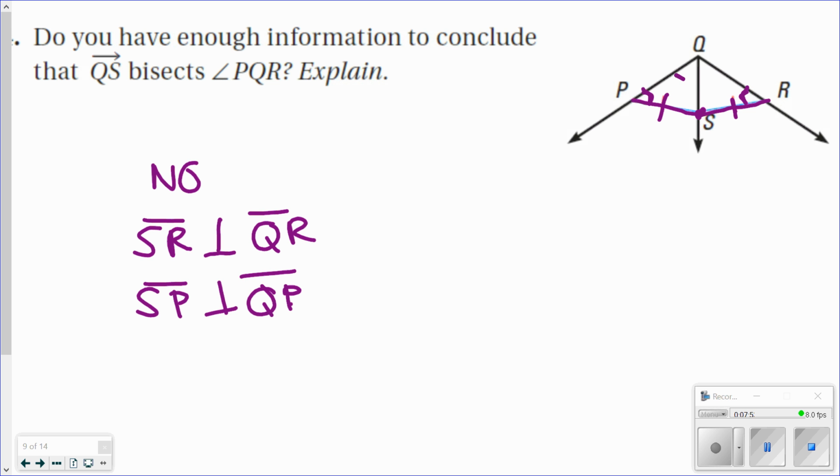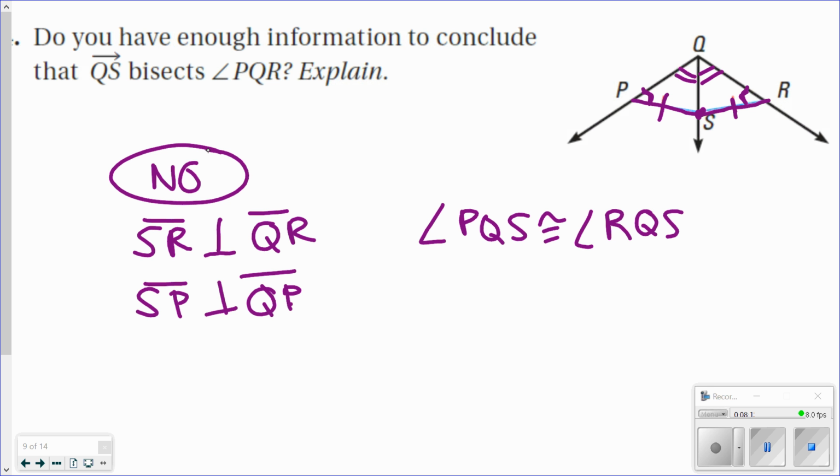Or we would need to know that these two angles are congruent. So we would need to know that angle PQS would be congruent to angle RQS. So because we don't know all that, we cannot conclude.